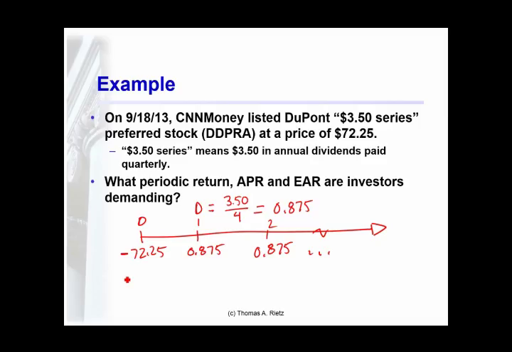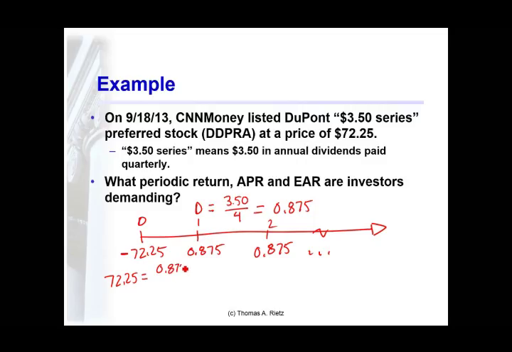We do know that the price equaling the present value of future cash flows would tell us $72.25 is equal to the cash flow divided by the required return per quarter.